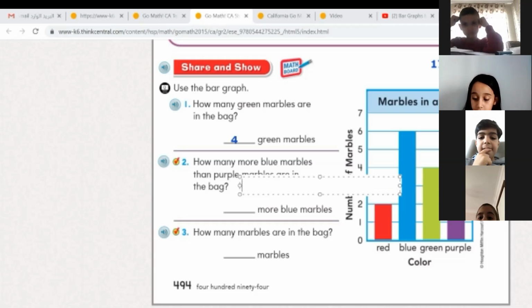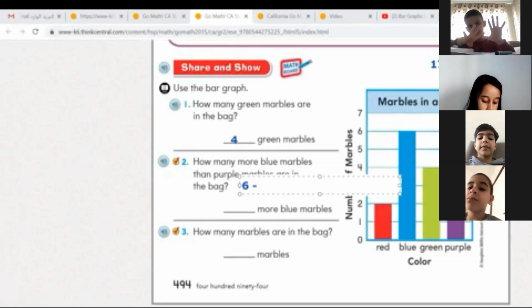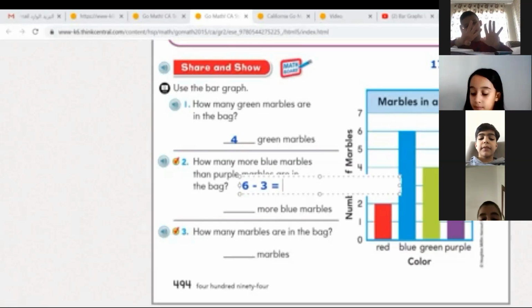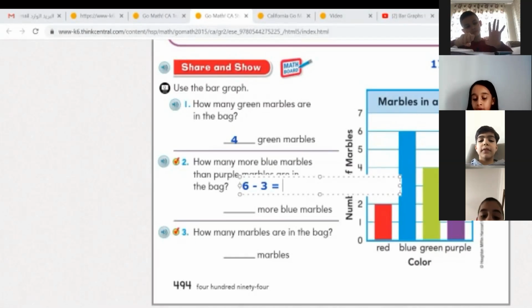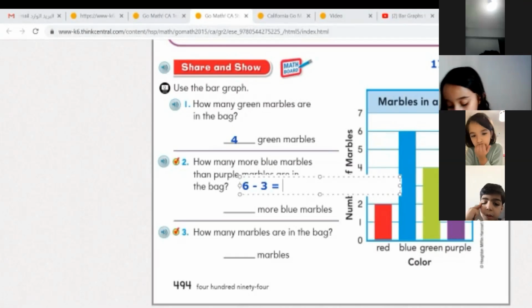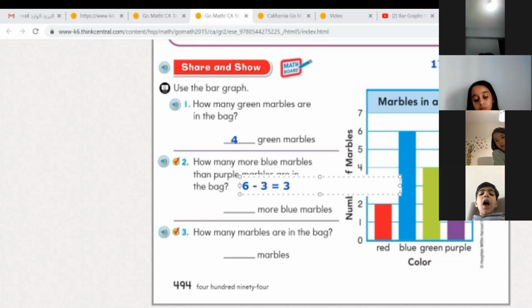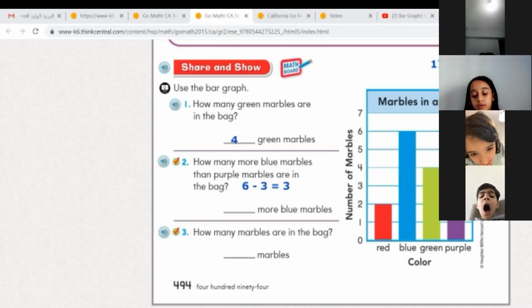So it's 6 blue marbles minus how many purple? Minus 3. Equals what? 6 minus 3, Yusuf. Good job, Miqdam. Yes. 6 minus 3, Yusuf, hurry up. 3. So 3 more blue marbles.